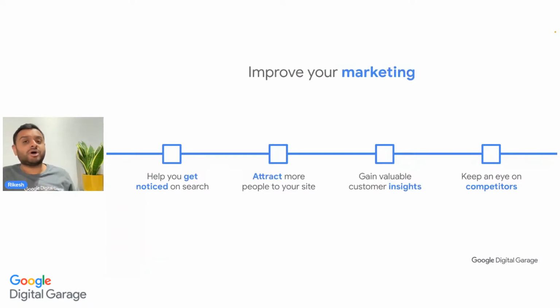Now, naturally, by having a social media presence, we can also improve our marketing efforts. We can do that by being more visible on searches. So right now, if you've got a secondary device at hand, you might search your favorite fashion brand or sportswear brand.